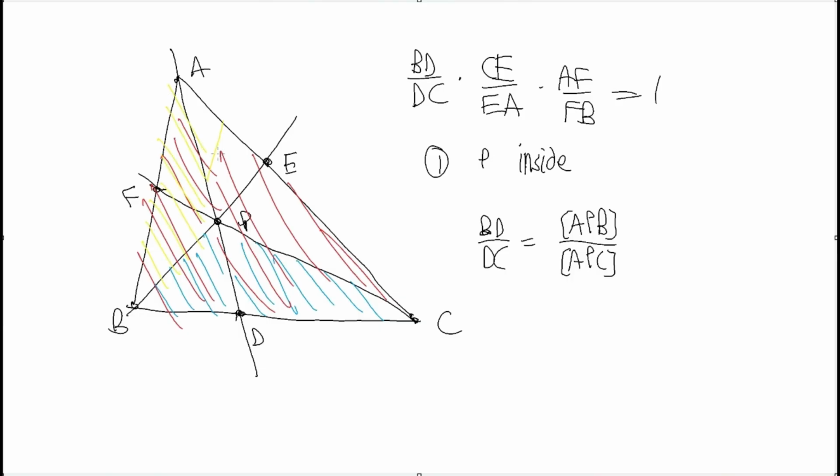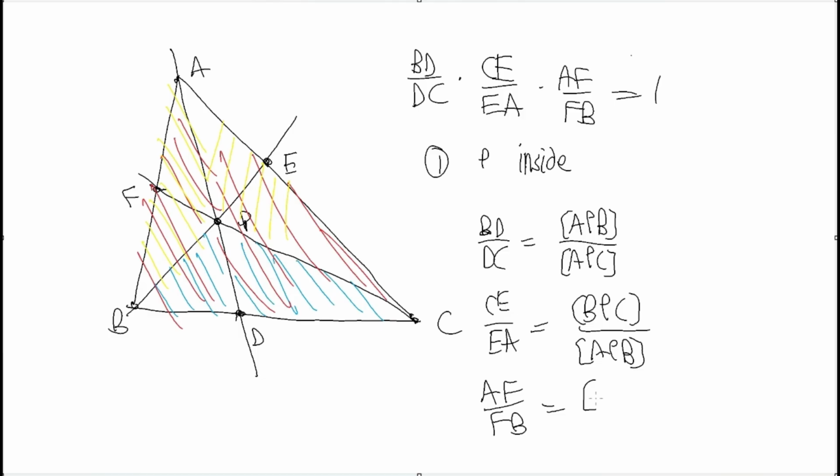And similarly, we get this yellow triangle here, which shows that BD over DC is a ratio of the areas of the yellow triangle. And we can similarly get that CE over EA is equal to the area of BPC over the area of APB. And finally, AF over FB is equal to the area of APC over the area of BPC.